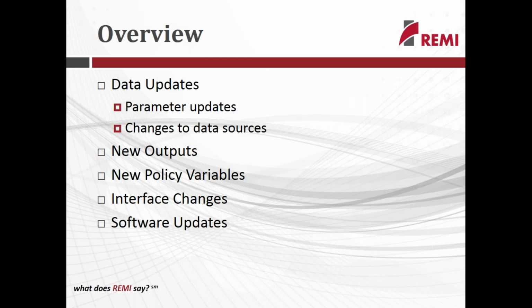We've re-estimated some parameters, which might lead to some different results from those you have seen in the past. And there have been some slight changes to data sources owing to improvements in the methodology between certain BEA and BLS surveys and data sets.